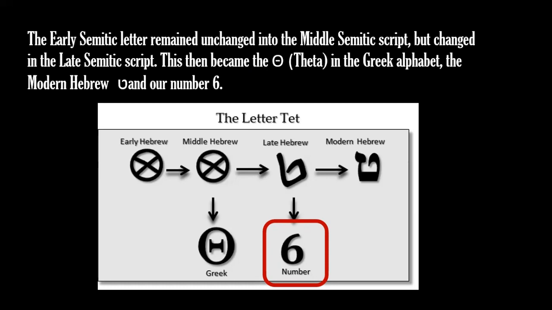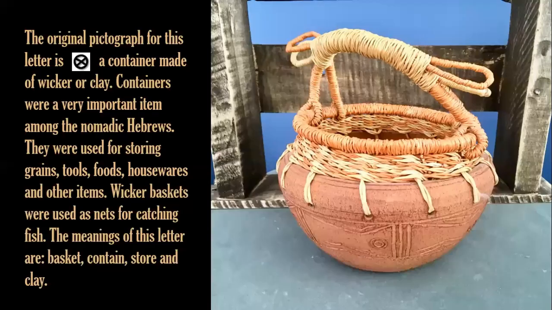But what particular item or thing was used to represent this letter? We'll take a look, so you'll notice the imagery on your screen. The original pictograph of this letter, tat, is a container, which was believed to have been made of wicker or clay.